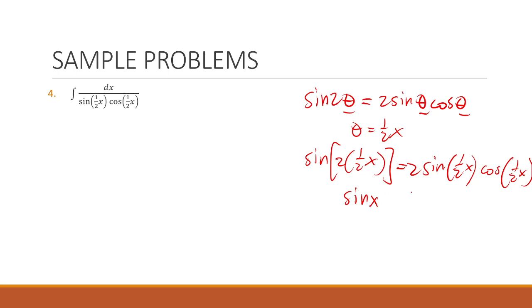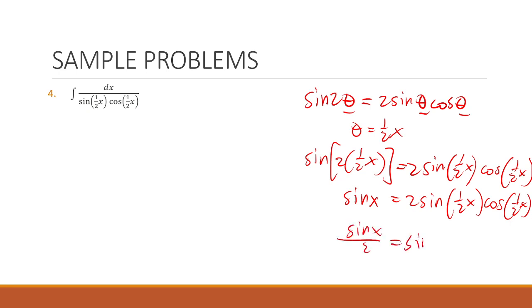So sine x equals, as is lang sa right hand side, 2 sine 1/2 x cosine 1/2 x. Okay, and then since we only want sine 1/2 x cosine 1/2 x, then we can cross multiply itong 2. So maging sine x over 2 equals sine 1/2 x cosine 1/2 x.